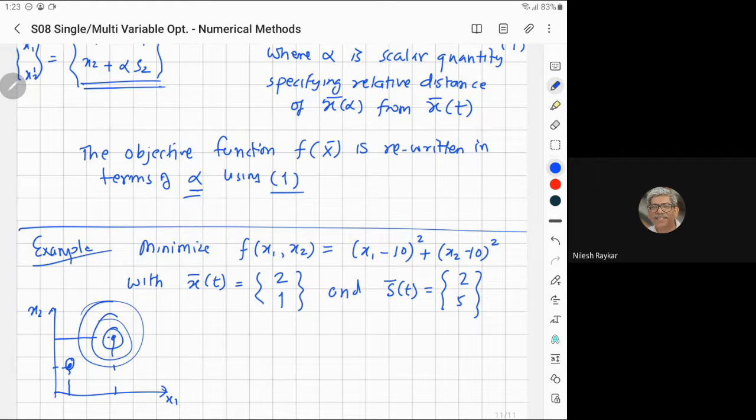And then the contours of this function would be in this particular manner.